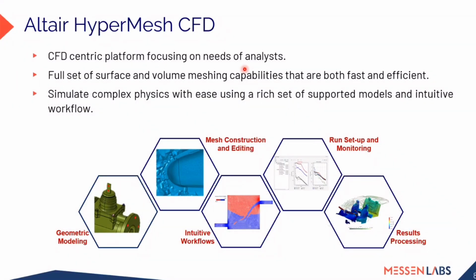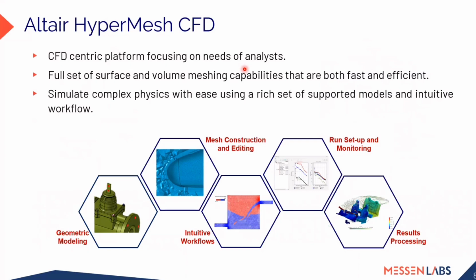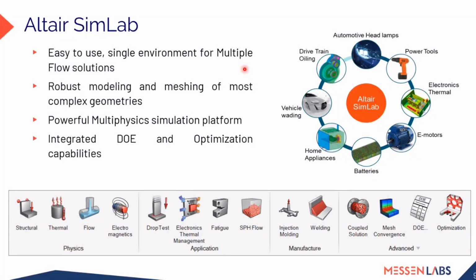We spoke about the different solvers that Altair has, but whenever we have a model, we cannot directly submit a job to the solver. We need a preprocessor. We have two preprocessors for CFD purposes. One is HyperMesh CFD, and then we have SimLab. Both preprocessors are unique. SimLab CFD offers multiphysics. You can couple AccuSolve with other available solvers and perform the complete set of simulations.